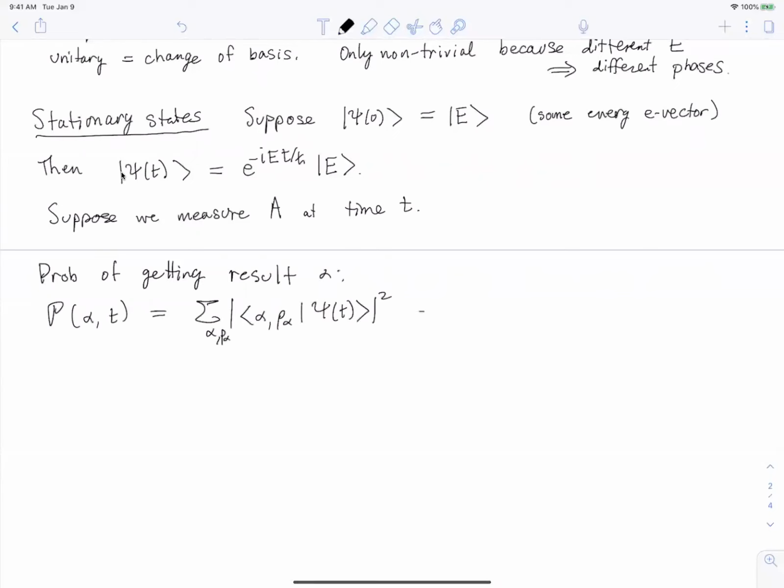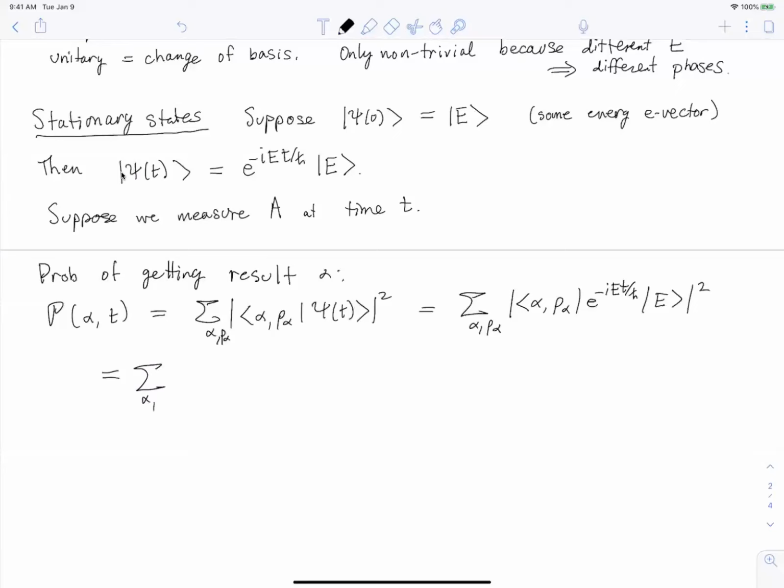Okay, which is the sum over alpha and rho sub alpha of ⟨alpha rho sub alpha| e to the minus i E t over h bar times the energy eigenstate. And now, because e to the minus i E t over h bar is just a number, we can pull it out of the inner product and write this as a sum over alpha.